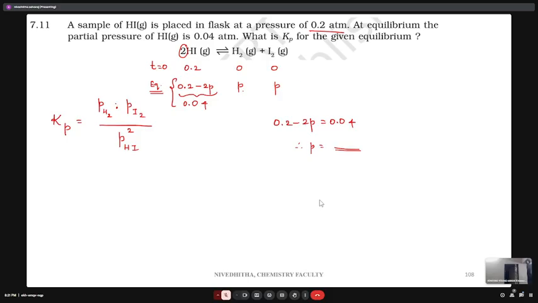We can substitute here in this expression and we can find the value of Kp. Could you please calculate the value of small p now?